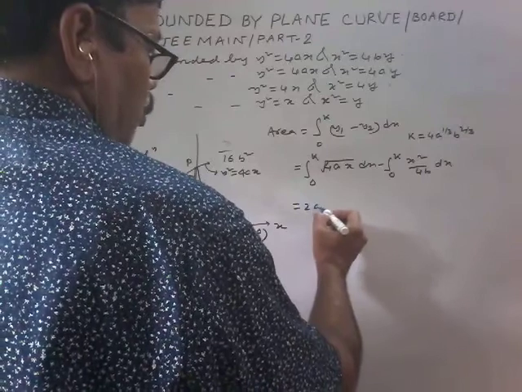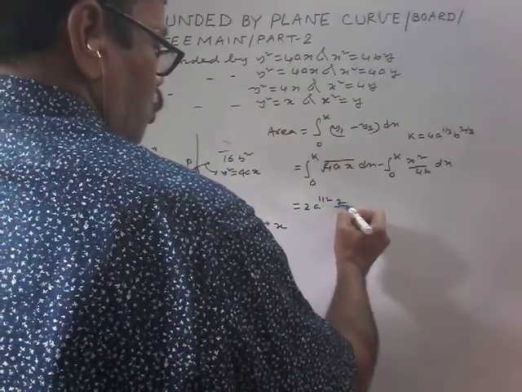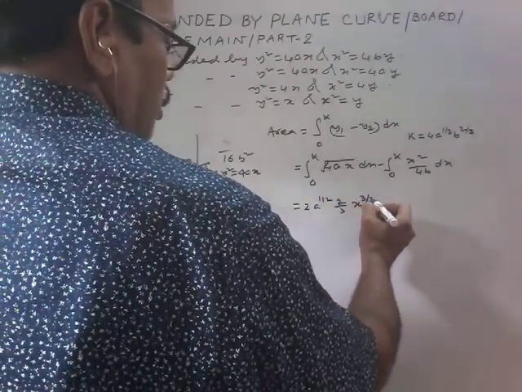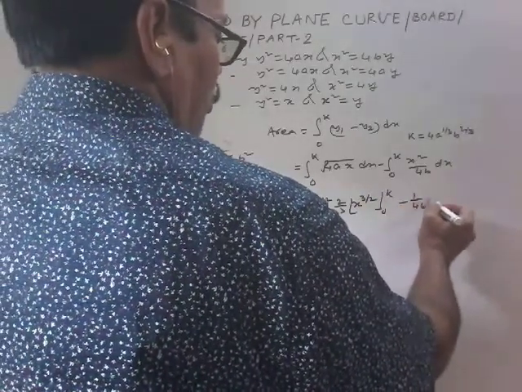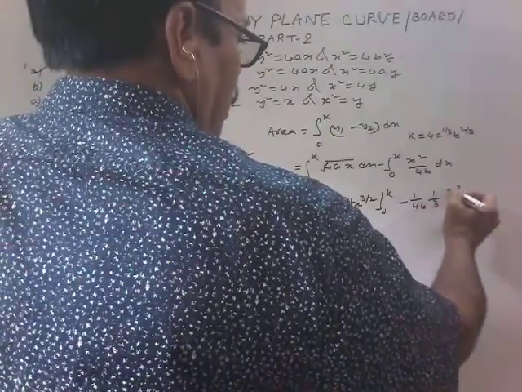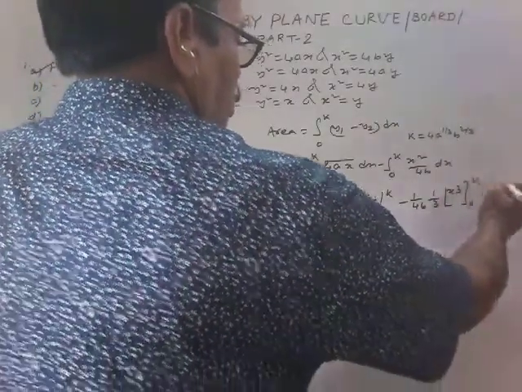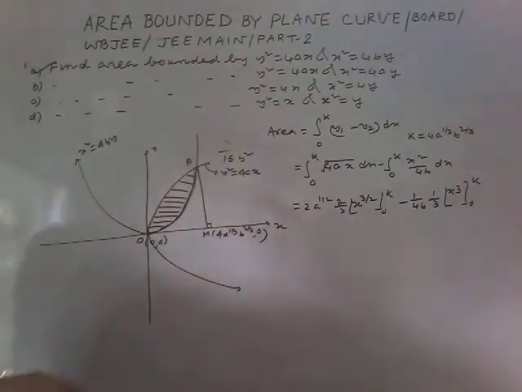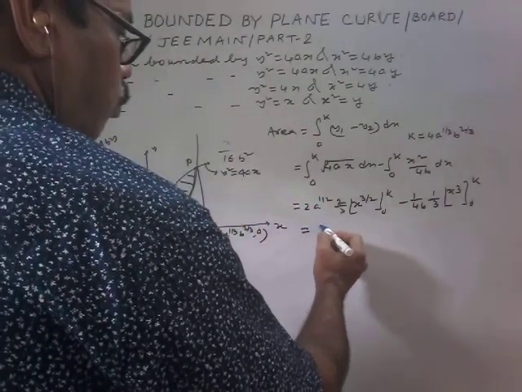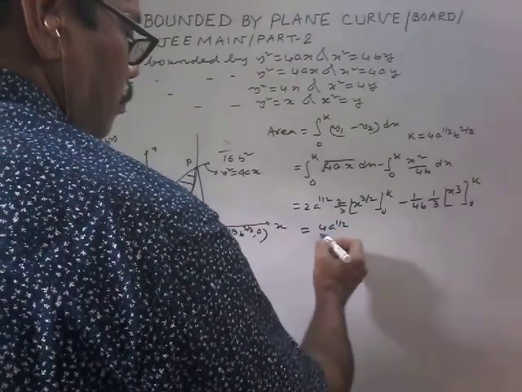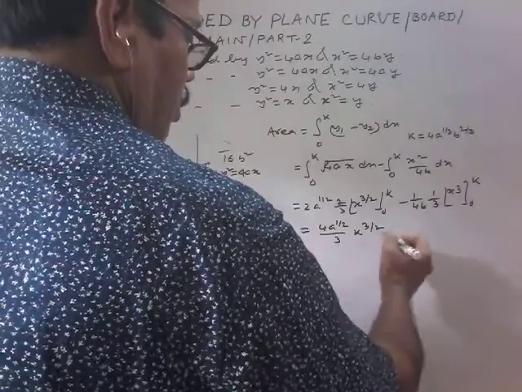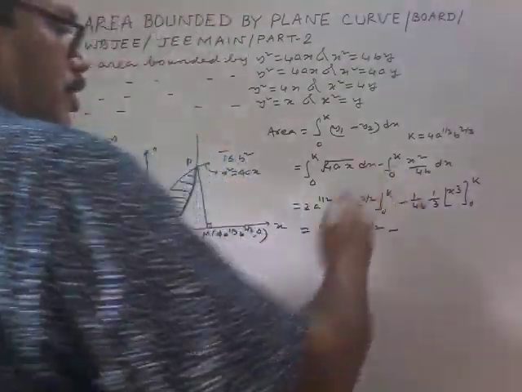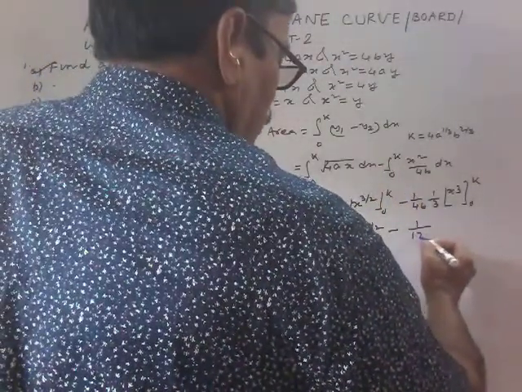Now 2 a to the power half times 2 by 3 x to the power 3 by 2 from 0 to k, minus 1 by 4b times 1 by 3 x cube from 0 to k. So this is 4 a to the power half by 3 times k to the power 3 by 2, and 1 by 12b times k cube.